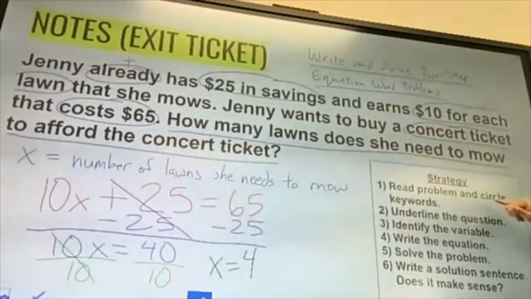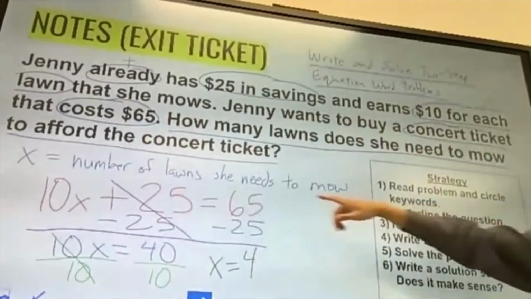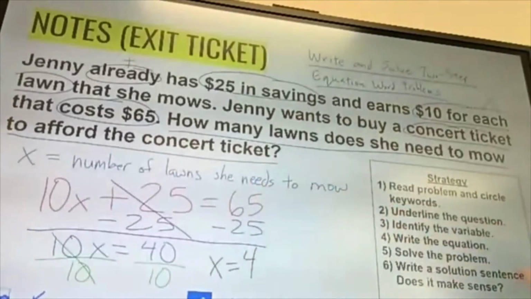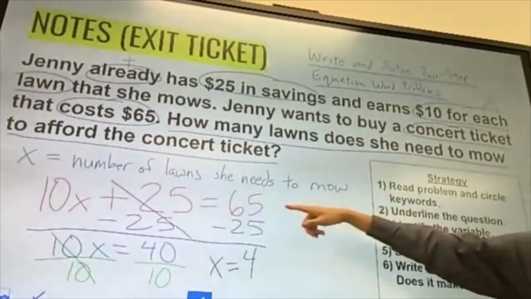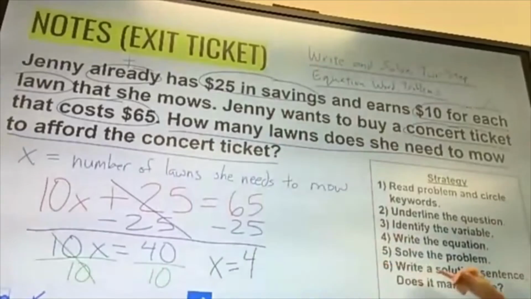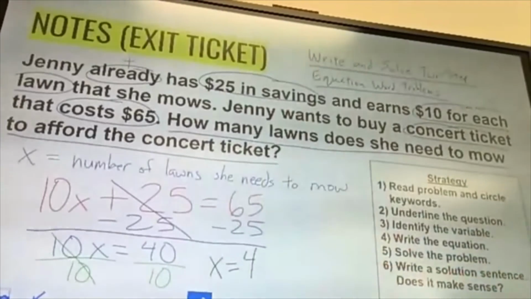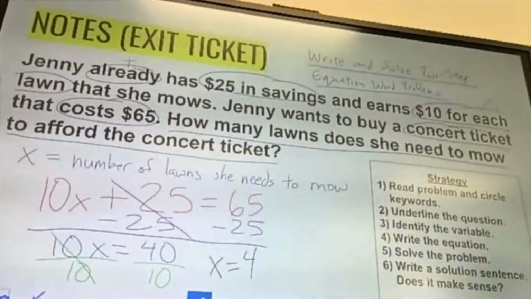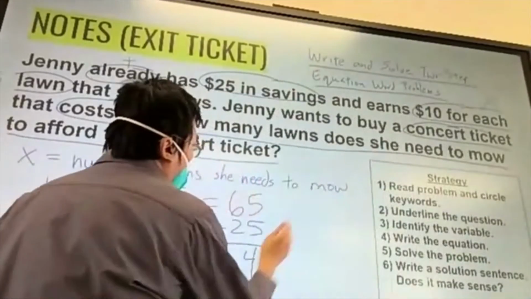So we read the problem and circled the keywords. We underlined the question. We identified the variable, the number of lawns. We wrote the equation. Then we solved the problem. Then we write our answer as a solution sentence. So I'm going to write the answer.